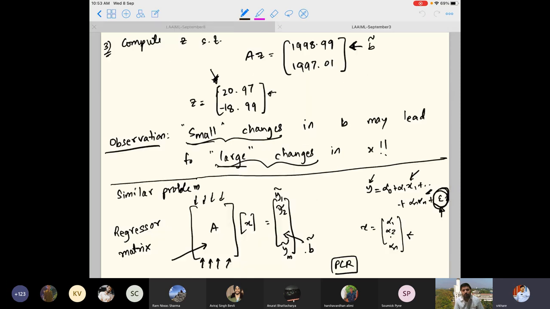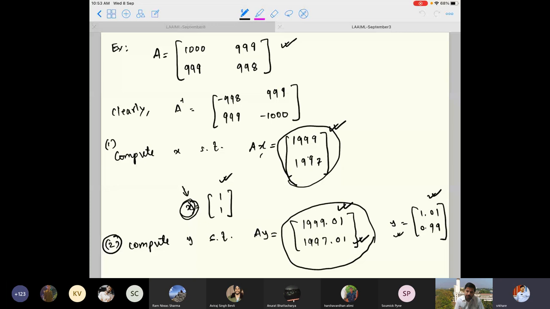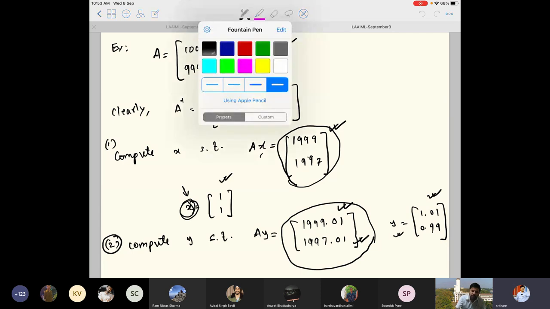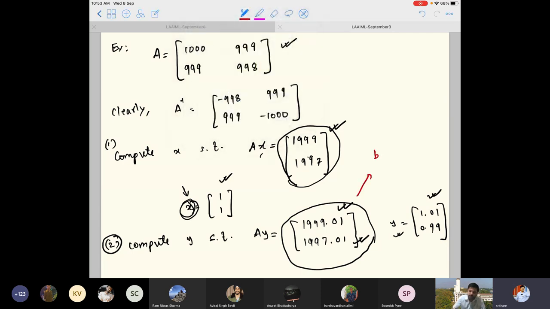So as this example suggested, I give a very small perturbation. Very small meaning relative perturbation I'm looking at. In this particular example, B is equal to 1997, correct? And delta B is actually equal to 0.01, 0.01.